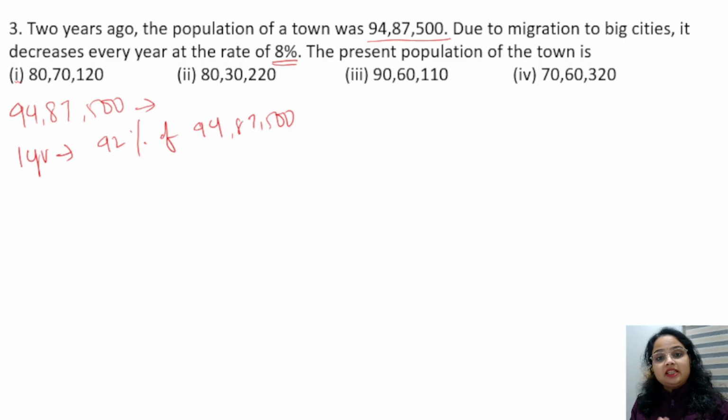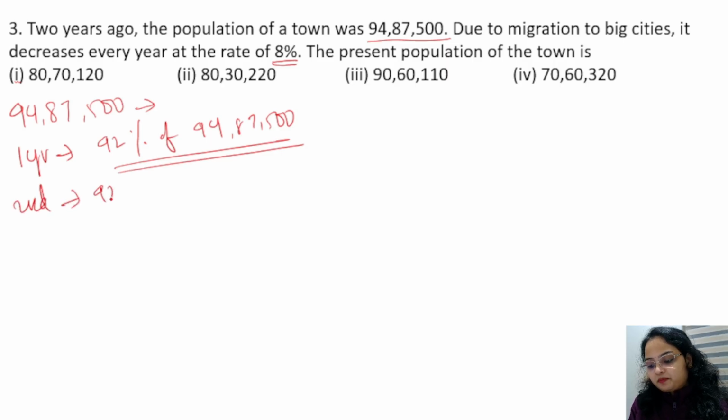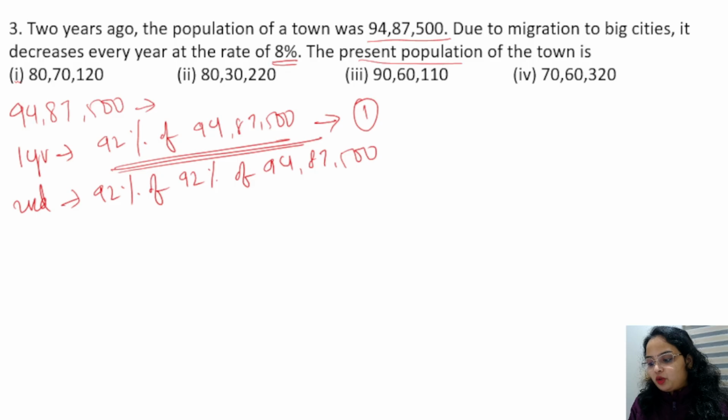So it is again 92% of this value. For the second year, it is 92% of the population in first year. Okay, we have to find the present population.